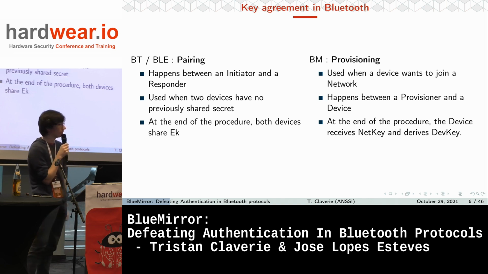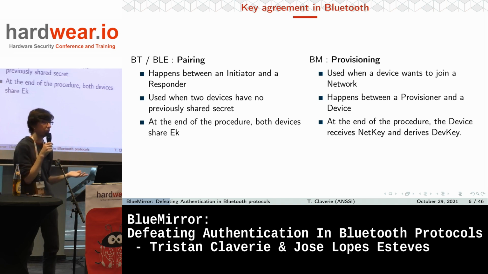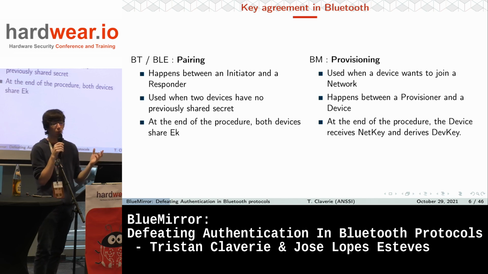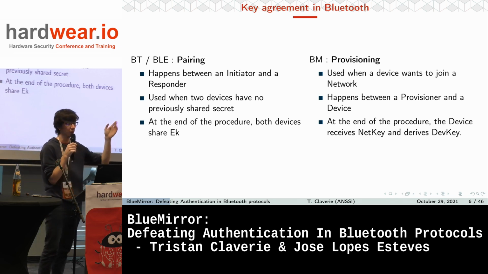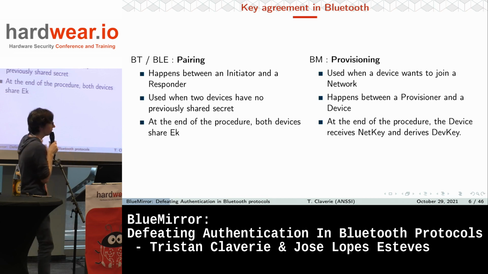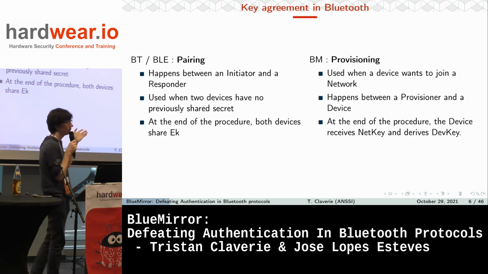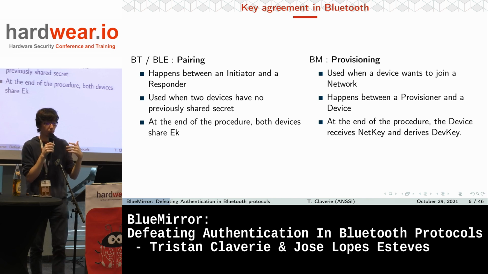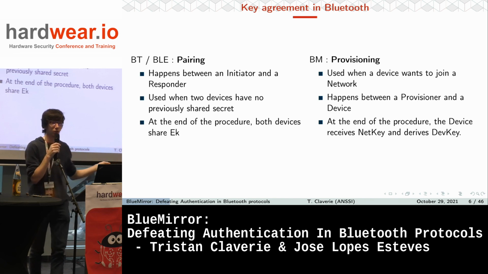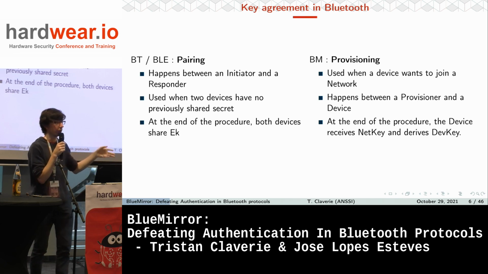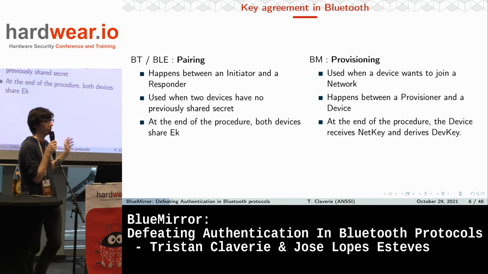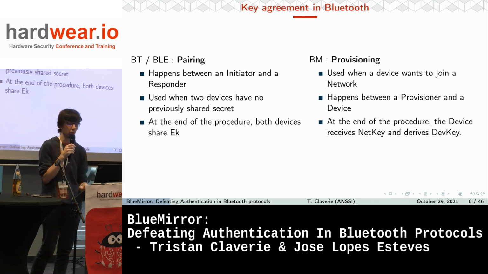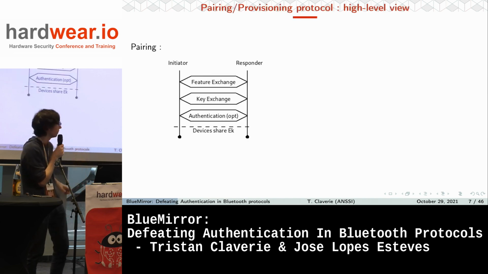In Bluetooth Mesh, it's the same thing, but the key agreement is called provisioning. When a device wants to join the mesh network, it announces itself. Then the provisioner, which is kind of the master of the network, performs the provisioning with the device. They create a temporary encryption key, and the provisioner sends the network key encrypted with this temporary key.